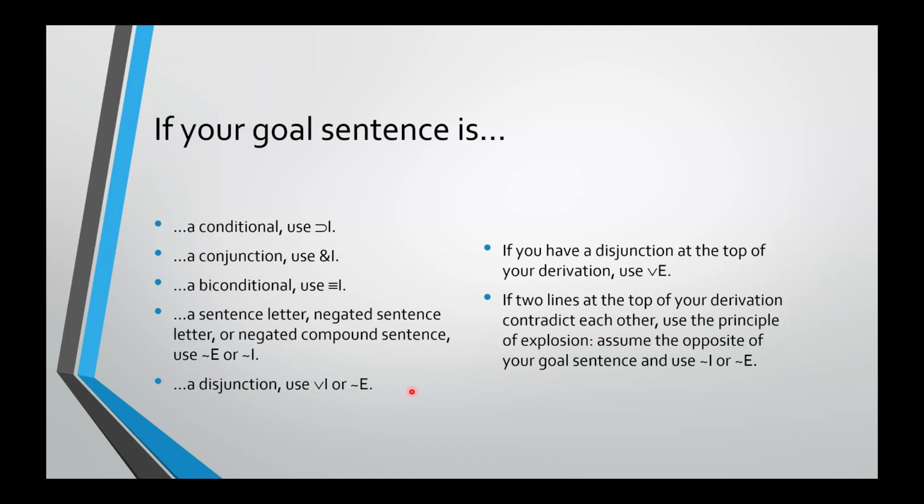There are many derivations that you can solve by just blindly applying these heuristics. Where you have a conditional, you just apply conditional introduction, and then your new goal sentence is a sentence letter, so you just use negation elimination, assuming the negation of the sentence letter. And you can go through just blindly doing things. That sort of thing does happen, but it's pretty rare. Most of the time, it does take some creativity and some ingenuity to complete derivations.